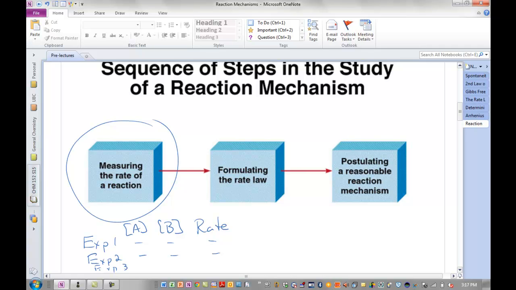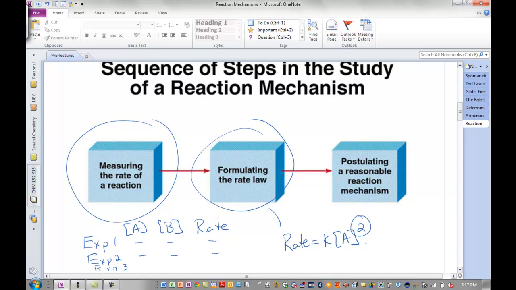So we run a reaction, we measure the rate. Then, and we've done this part too, we formulate a rate law. So we might say after we do this reaction that rate is equal to k[A]^2. So even though our reaction involved A and B as reactants, our rate law is telling us something different. Because we have the exponent of 2, it is telling us that it looks like A is combining with A at some point in that reaction.